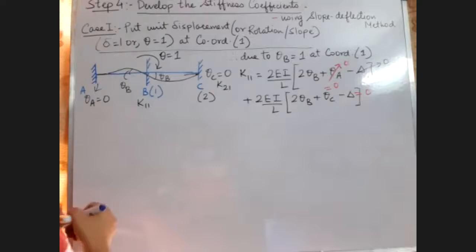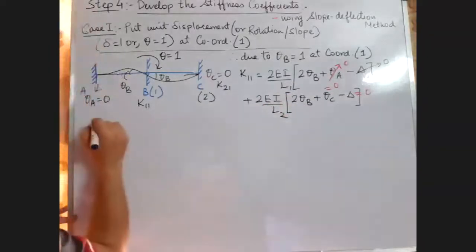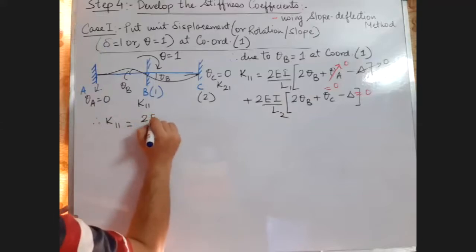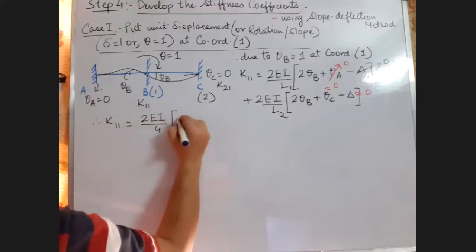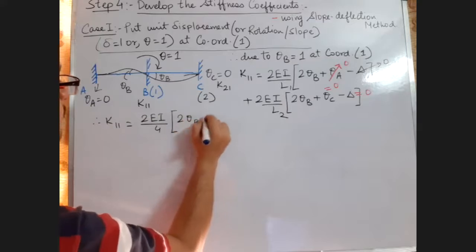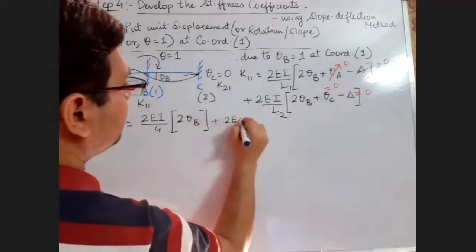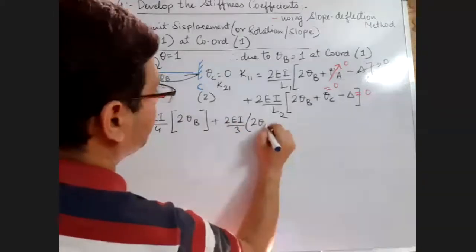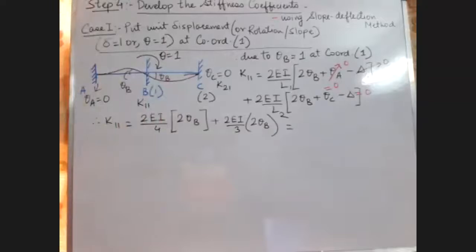Now put the values, L1, L2, because the lengths are different. So K11 will be 2EI by 4 multiplied with 2 times theta B, plus 2EI by 3 into twice theta B. So just add all these things and find out.